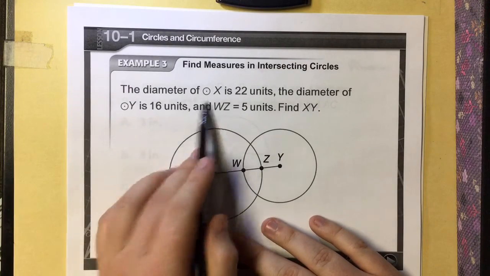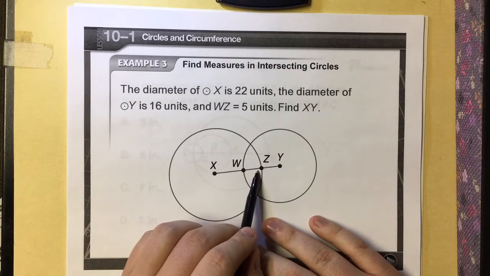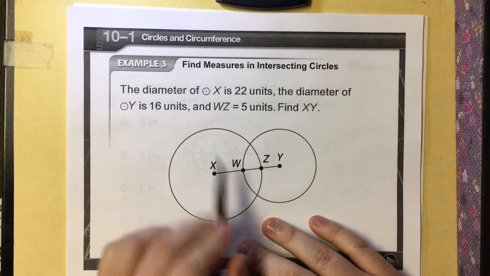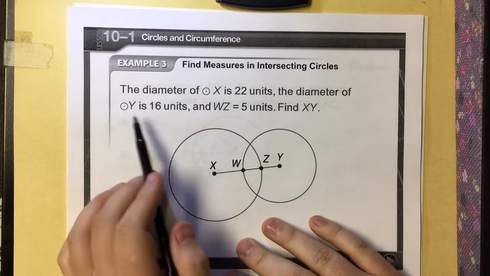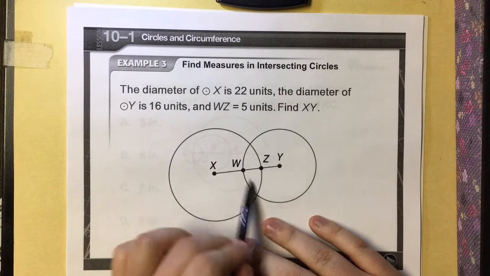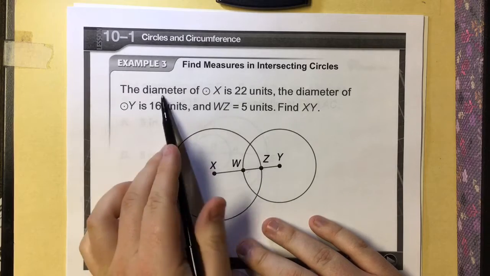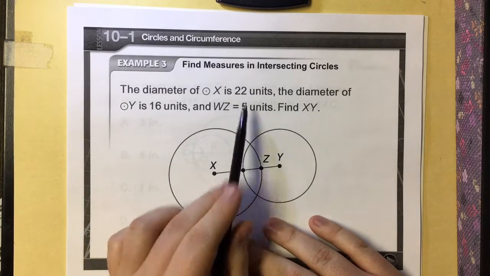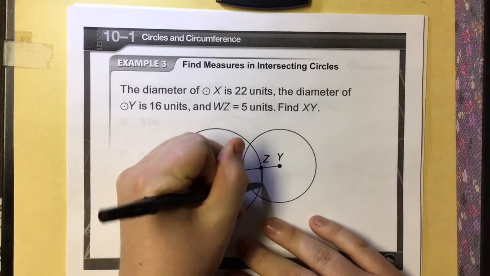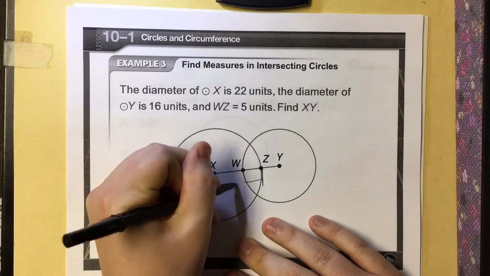All right, so the diameter of circle X is 22, the diameter of circle Y is 16, and they tell us that this right here is 5 units. If the diameter of X is 22, then I know from here to here is half of that, that is 11.